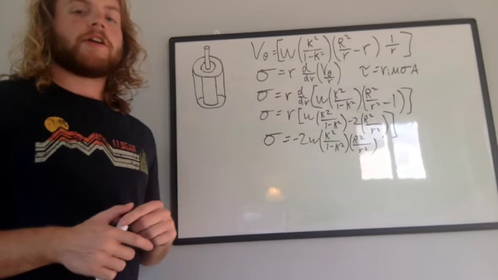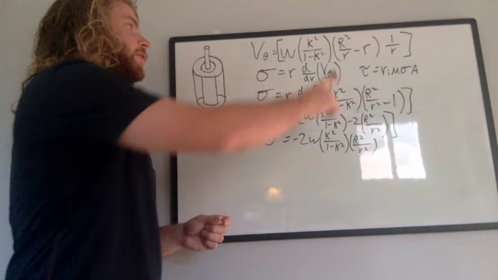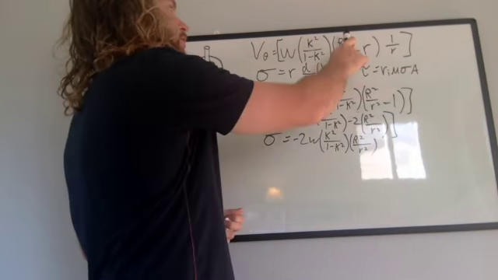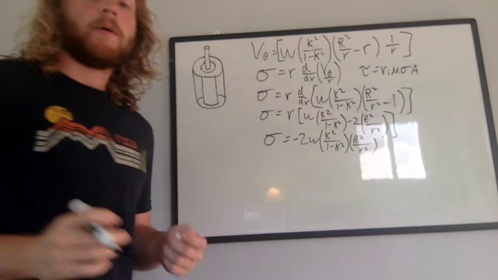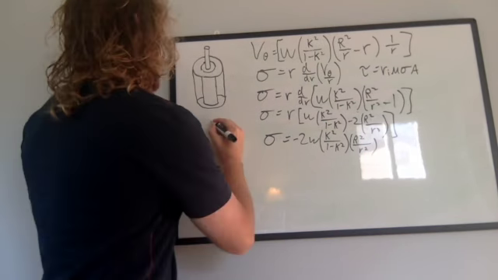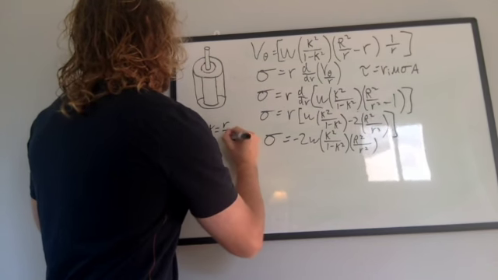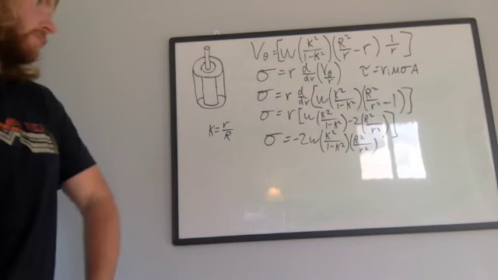Earlier in the video I made a mistake when describing what this k expression was. Originally I had said it was equal to big R over little r, but it's actually the inverse of that. K is going to be equal to little r over big R, right?